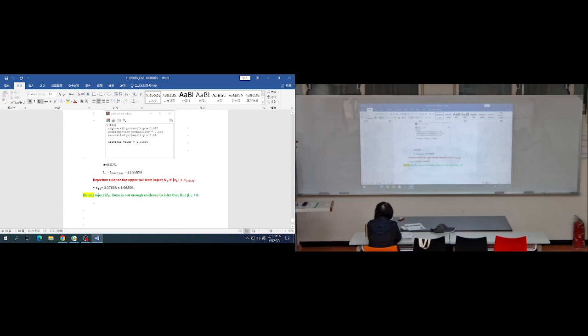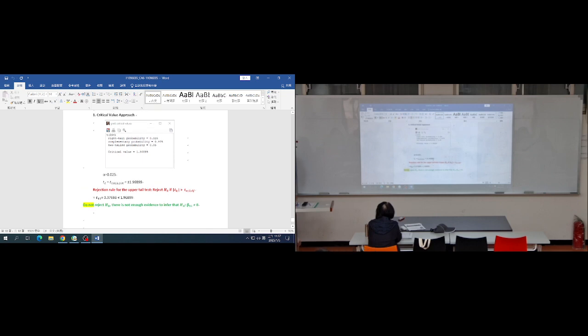Do not reject means the null hypothesis is right. So what do we mean by null hypothesis right? Because we cannot reject it. You know, explain the language of this question. What does that mean?